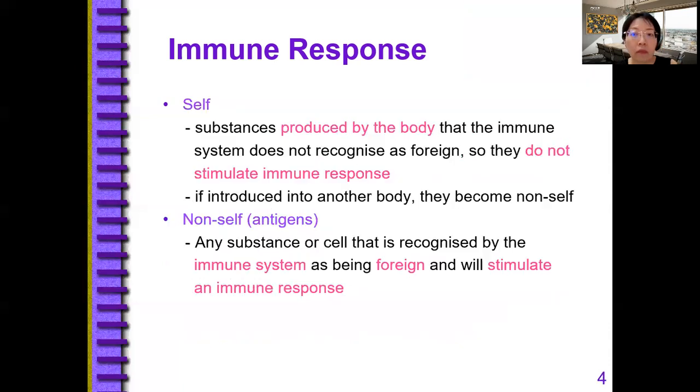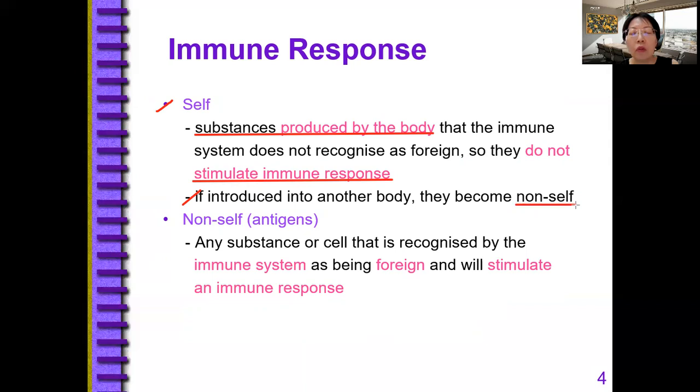Okay. So what about self and non-self? Self means any substances, including the cell, that are being produced by the body. So the immune system will not recognize them as foreign, so they will not launch an immune response towards it. Okay. Now, if it's introduced to another body, then they become non-self.